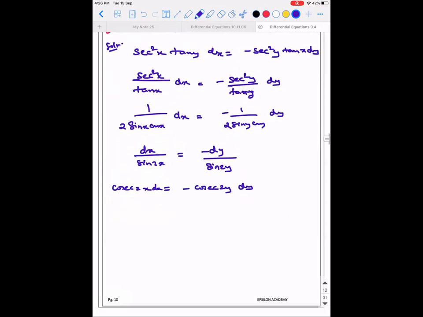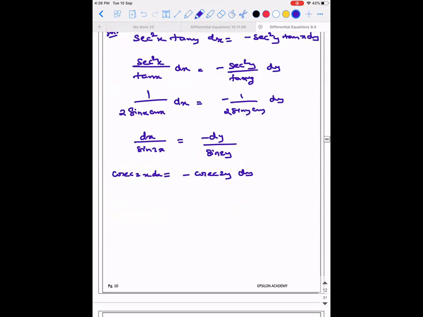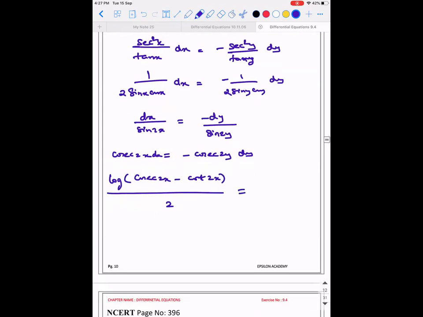So what is the integral of cosecant? Log of cosecant x minus cot x plus constant. So log of cosecant 2x minus cot 2x, in this case you will have by 2, is equal to, what is it you are going to get?